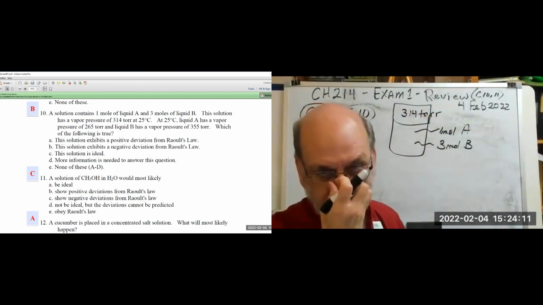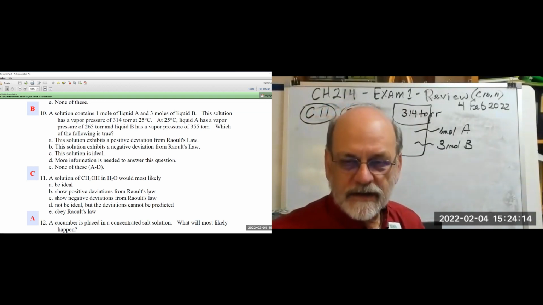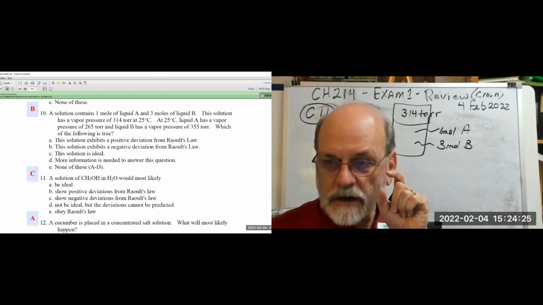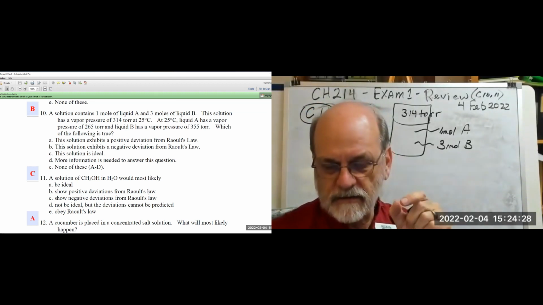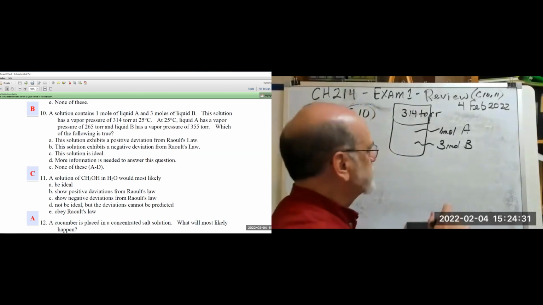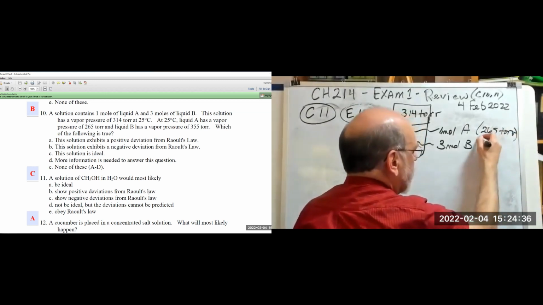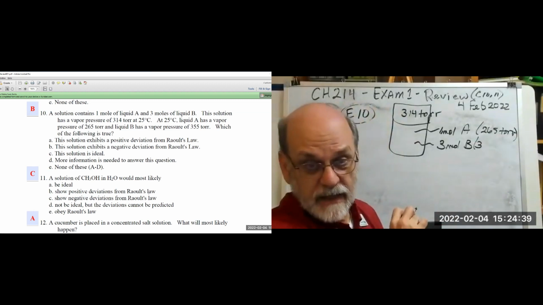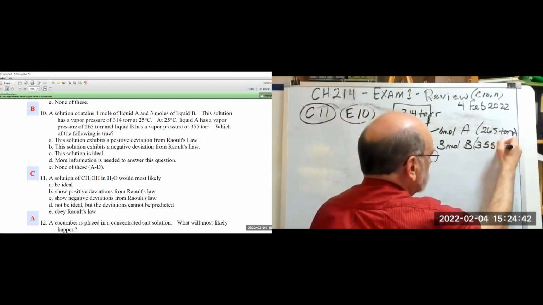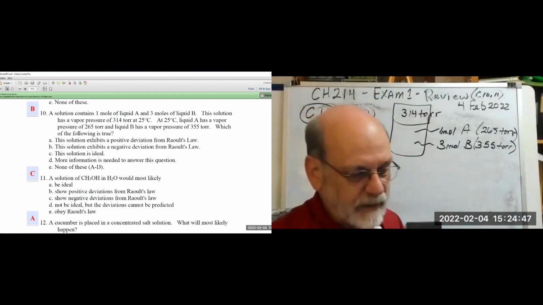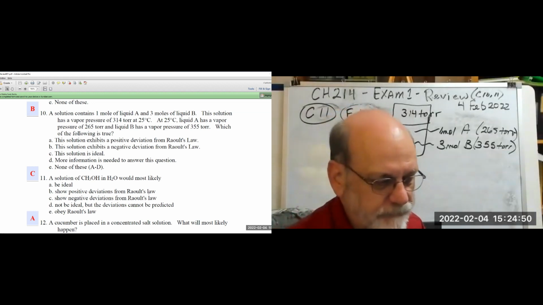All right. At 25 degrees, liquid A has a vapor pressure of 265 torr, and liquid B has a vapor pressure of 355 torr. What that means is the pure substances, A has 265 torr and B has 355 torr when they're pure. Okay, this is Raoult's law.